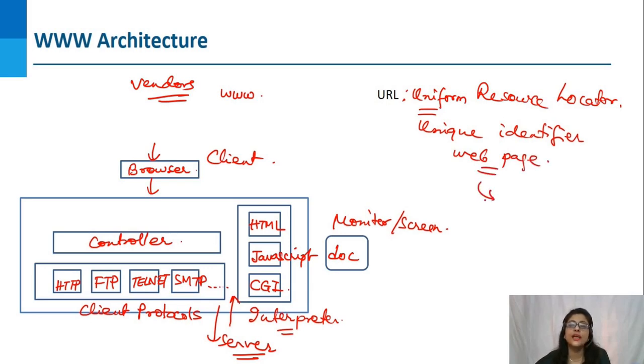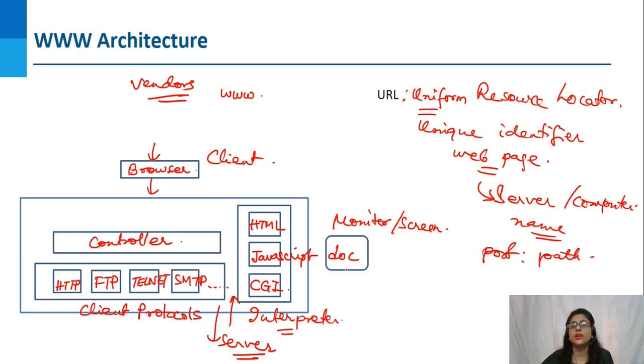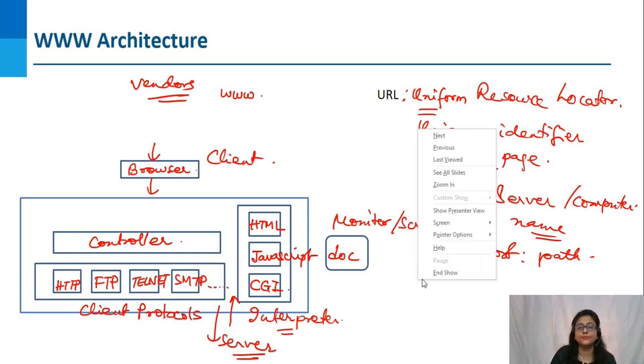Actually, this web page resides in a server, which is actually a computer having a particular name, and also there is a port number through which that web page must be fetched, and there is a path where the web page resides within the computer. So this is called the Uniform Resource Locator. With the help of this, the web page can be fetched by the client.